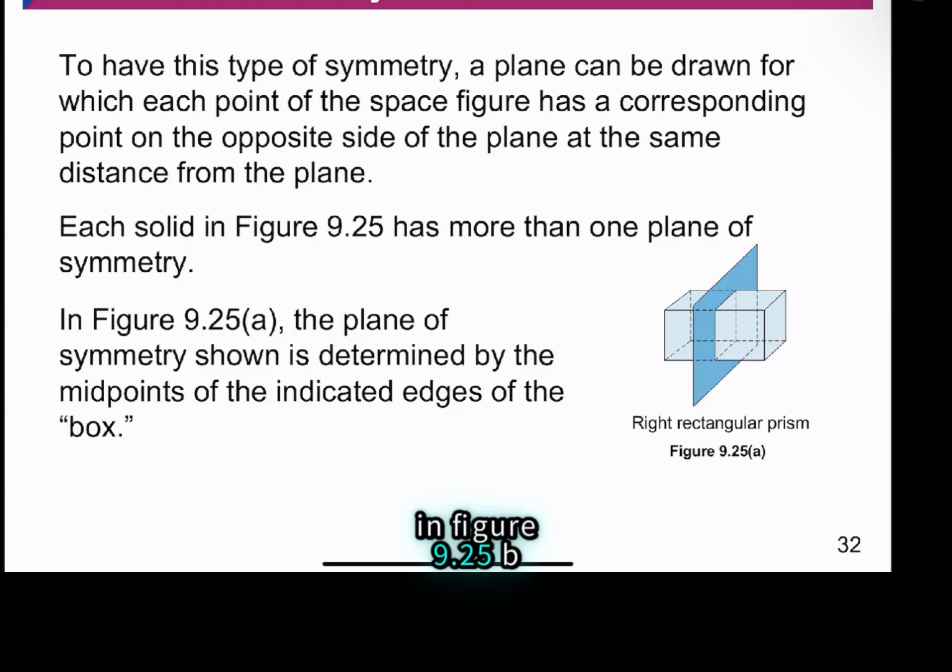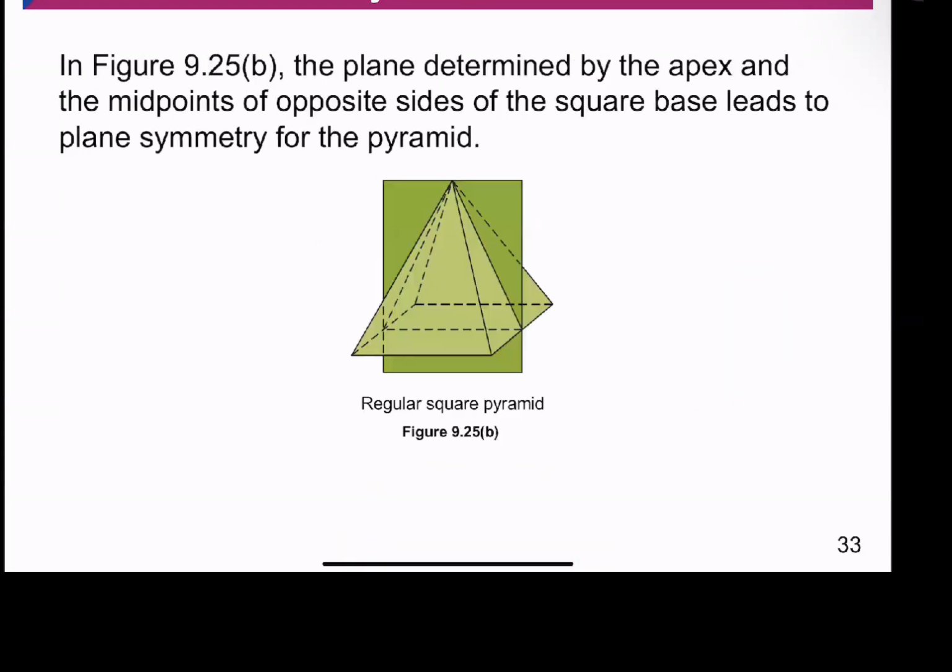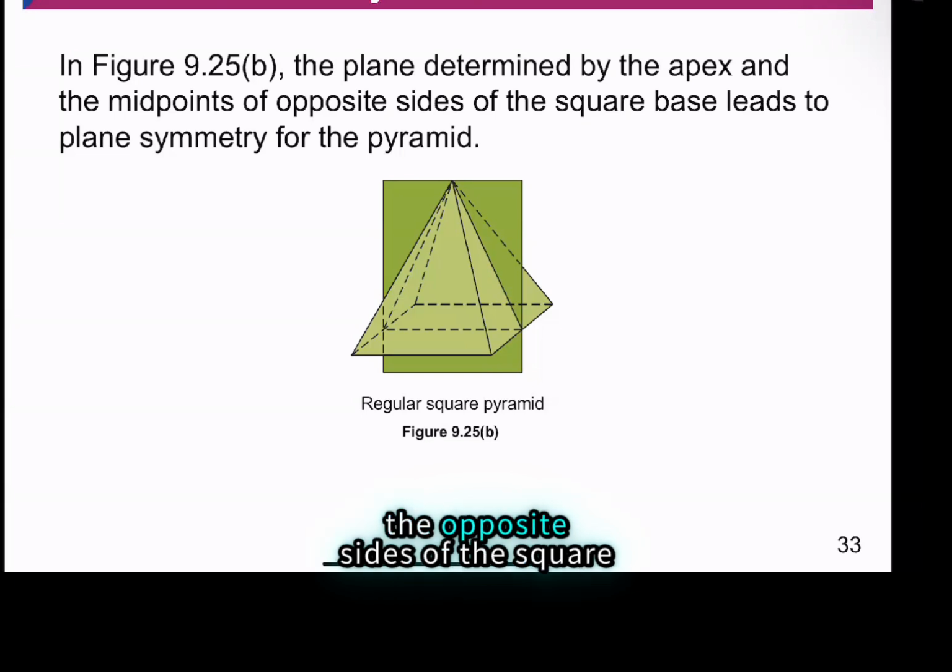In figure 9.25a, the plane of symmetry shown is determined by the midpoints of the indicated edges of the box. So this is the plane of symmetry. In figure 9.25b, the plane determined by the apex and the midpoints of the opposite sides of the square base leads to a plane of symmetry for the pyramid.